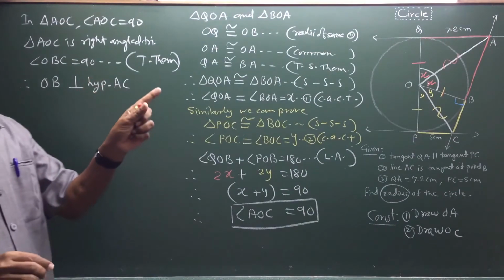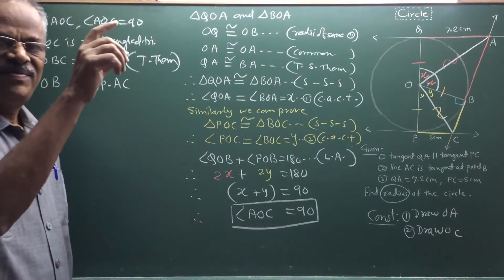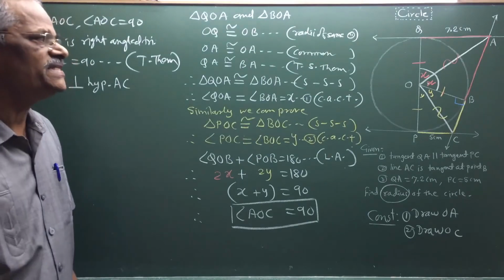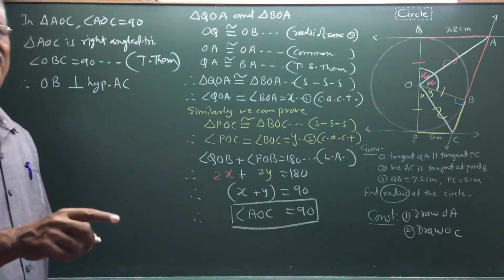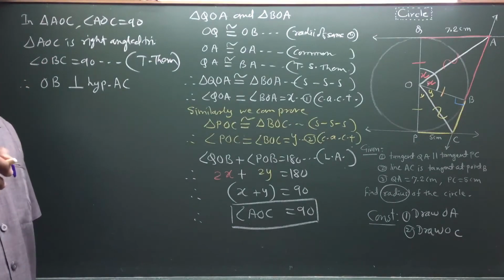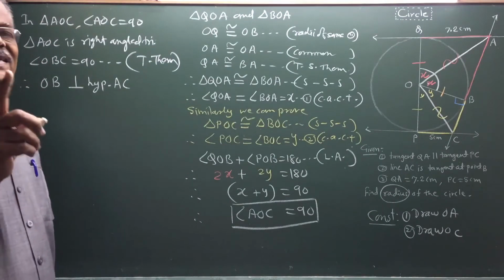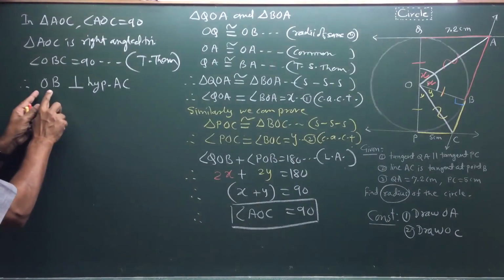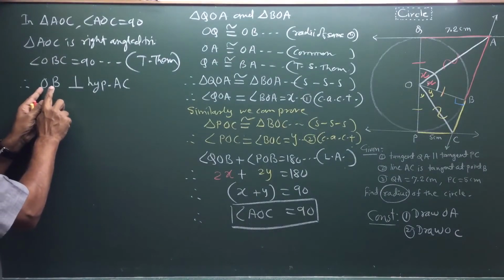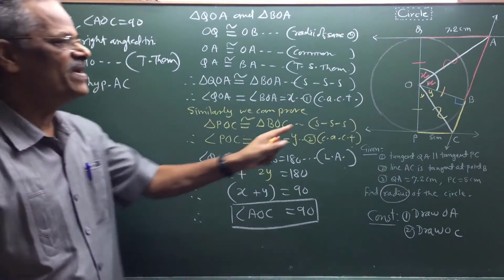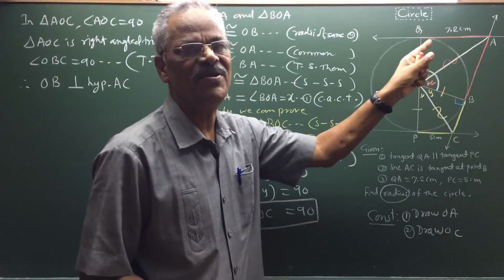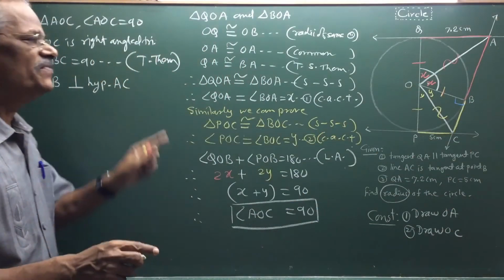And when we see a perpendicular to the hypotenuse, again a very important theorem, it is nothing but the geometric mean theorem. From the right angle vertex, if we find the perpendicular to the hypotenuse, we can use that.